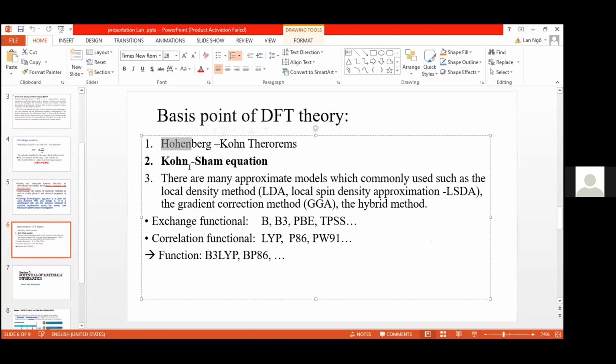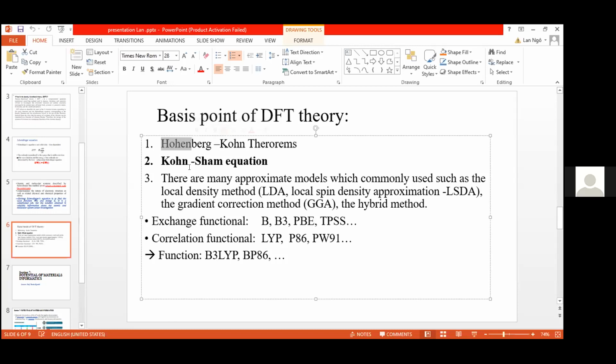There are many approximate models which commonly use the standard local density method or local spin density approximation, the gradient correction method, or the hybrid method.